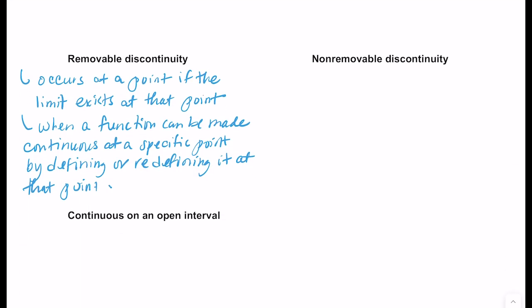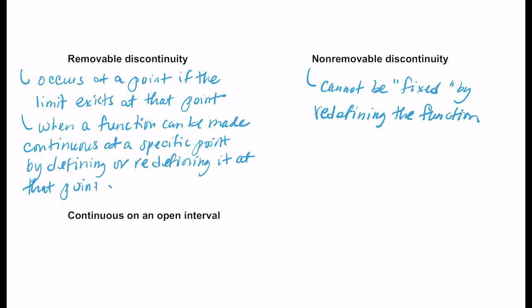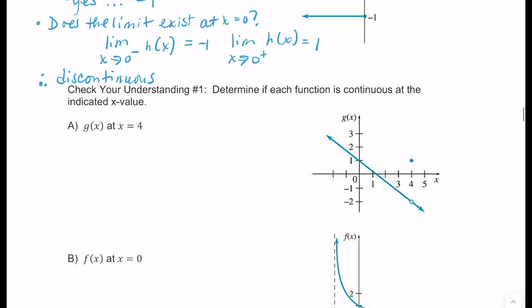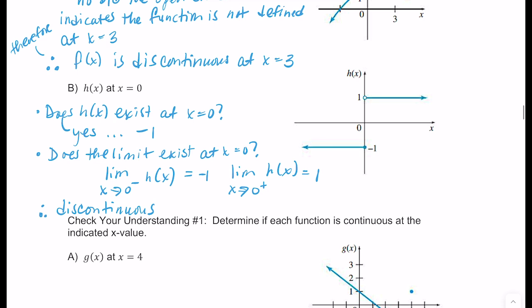A non-removable discontinuity cannot be fixed by redefining the function. So we can see that in example B. Okay, h of x does not approach a single value as x approaches 0, right?